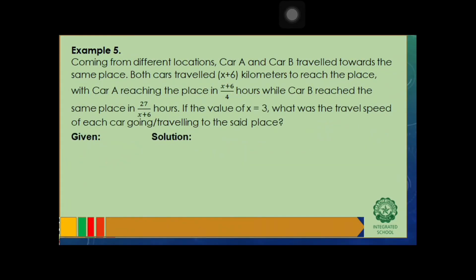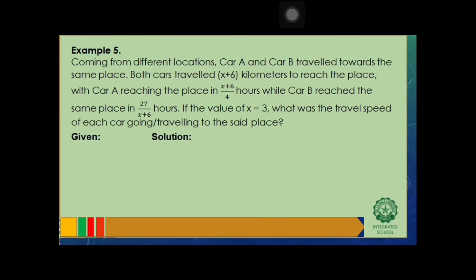For our last problem, we have cars coming from different locations. Car A and car B traveled towards the same place. Both cars traveled x plus 6 kilometers to reach the place, with car A reaching the place in x plus 6 over 4 hours, while car B reached the same place in 27 over x plus 6 hours.